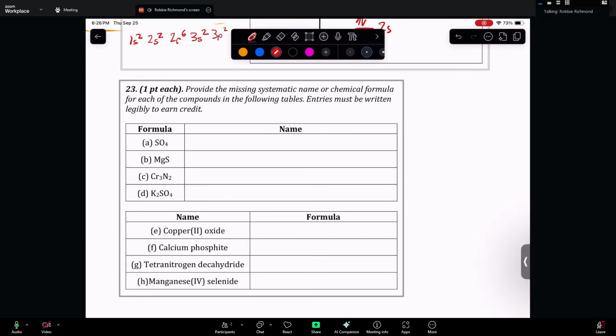Basically, all you do is write the identity of the first element with the prefix of how many of that element you have. So mono, that means 1, di, 2, tri, 3, tetra, 4, so on and so forth. The last element, you would still put that prefix, and then you would put a suffix of IDE.